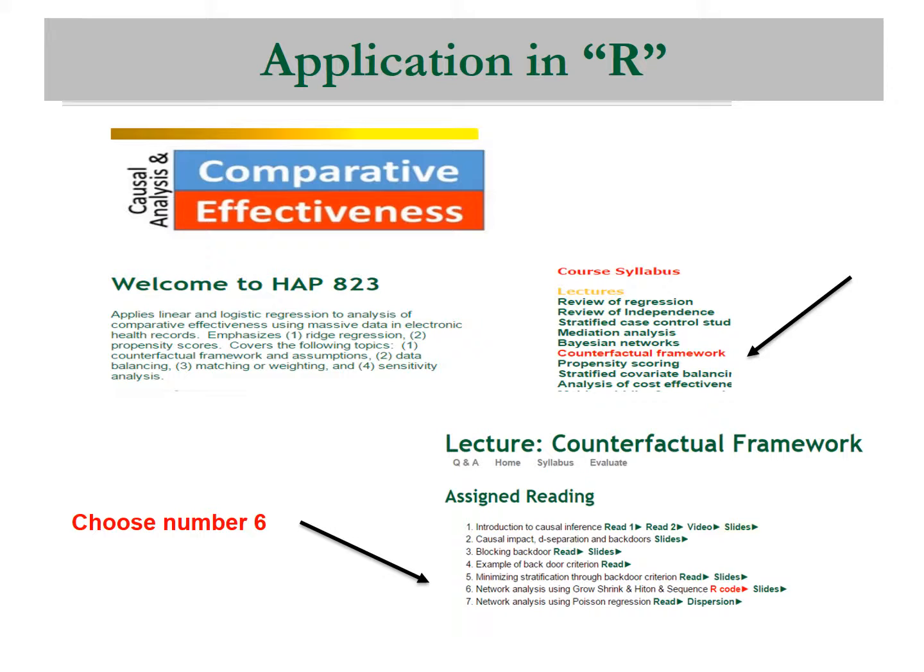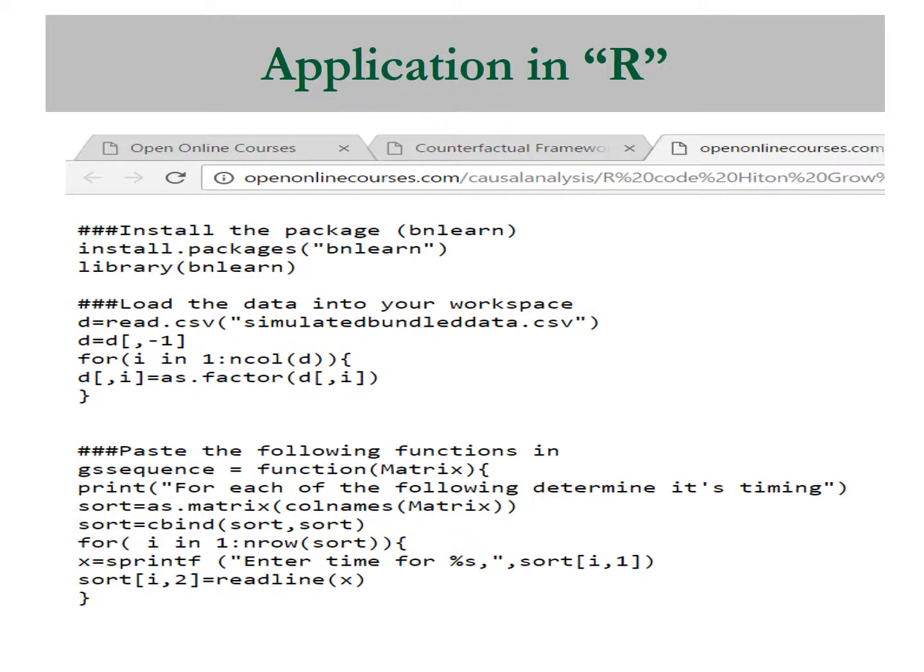Then you will choose number 6, network analysis using Grow-Shrink, Hiton, sequence R code. Okay, so we are almost there. When you click on this page, you will be given all these codes. Thanks to my colleagues at George Mason University, Department of Health Administration and Policy, they provided all the codes to make it easy for us.